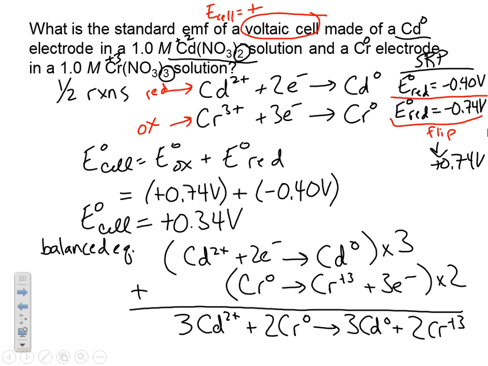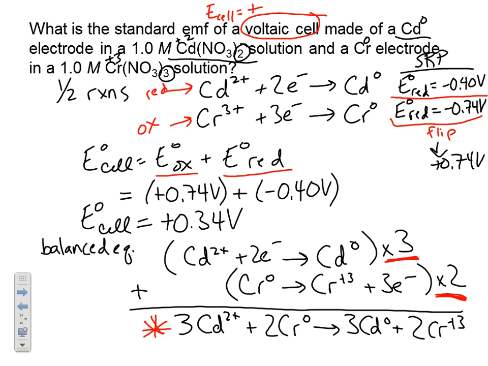What I want to point out is that although this is absolutely 100% the overall balanced equation, the fact that I multiplied the cadmium half reaction by 3 and the chromium half reaction by 2 does not at all impact the standard oxidation potential and the standard reduction potential for these two half reactions. You are not multiplying the chromium half reaction SRP by 2 and the cadmium SRP by 3.